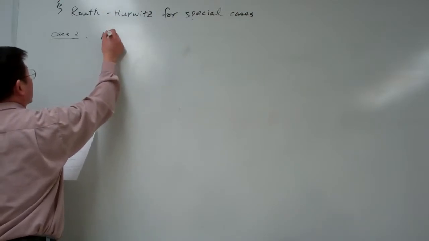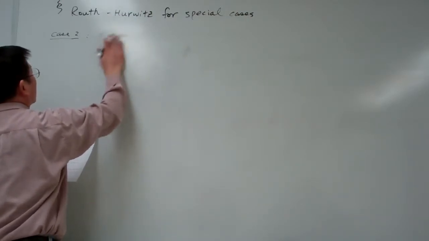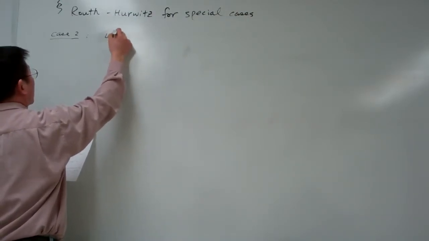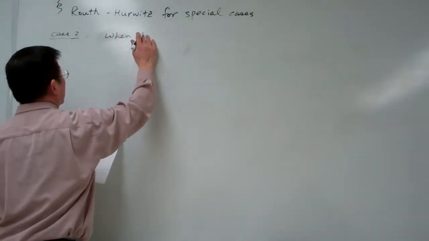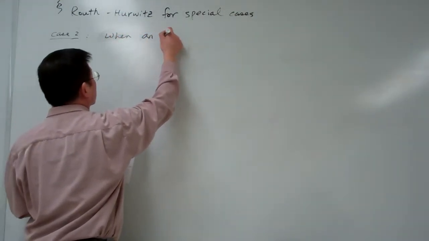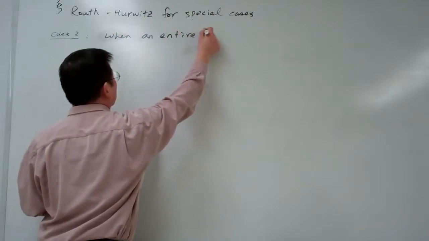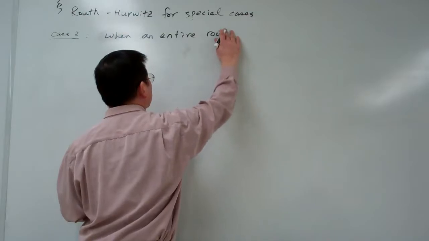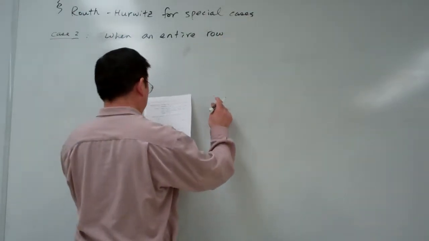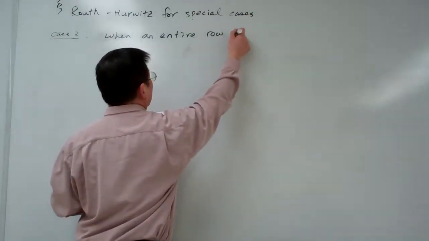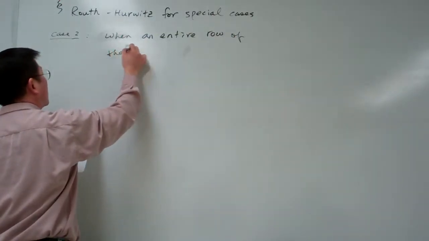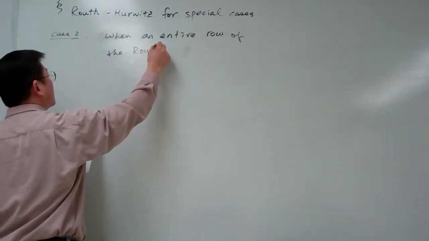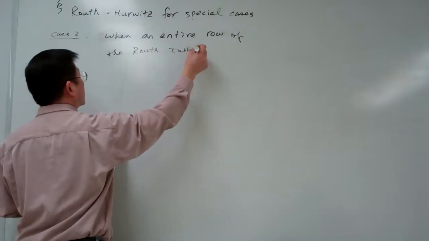Case 2 is when the entire row of the Routh table becomes 0.